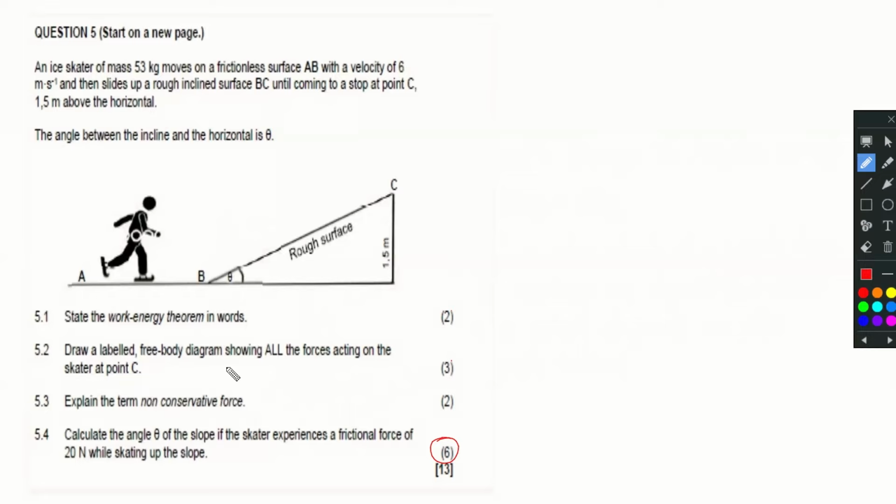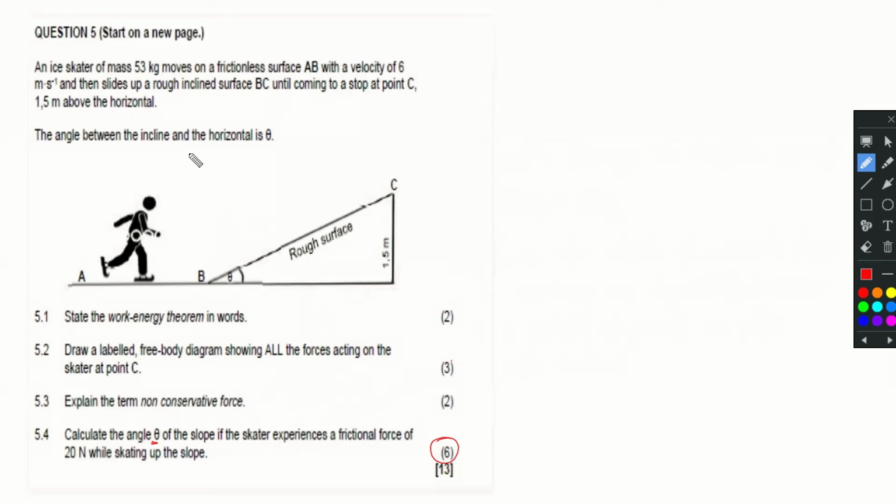So for 5.4, calculate the angle theta. Now you have to understand the nature of a 6-mark question. Whenever you have a 6-mark question, always think along the lines of, I will be trying to calculate theta, but there has to be something that I have to figure out first before I can calculate the angle theta. So what is that?